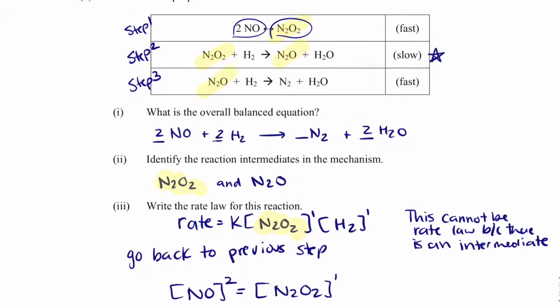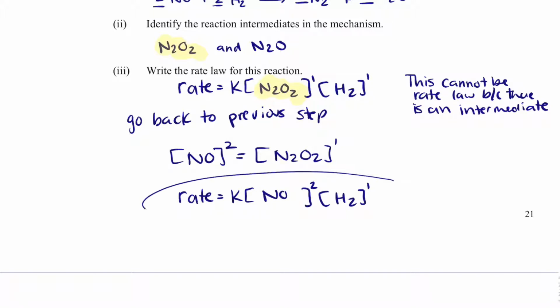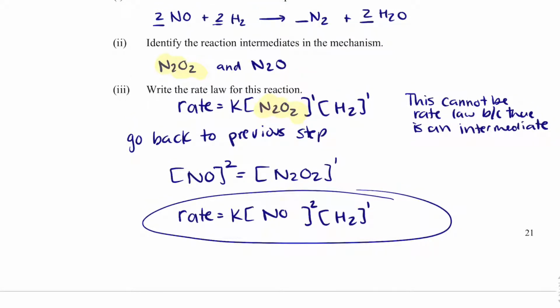So all I need to do is substitute, and I will erase the N2O2, and I'll change it to NO squared. Now, this is my rate law, and I have two reactants, NO and H2, so I can control the rate of the reaction with those two.